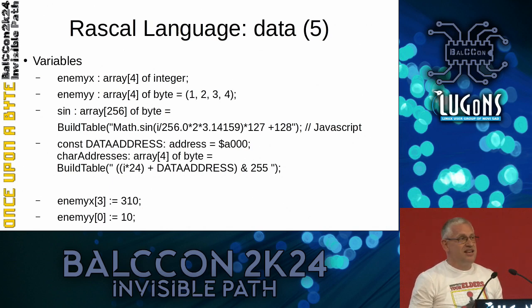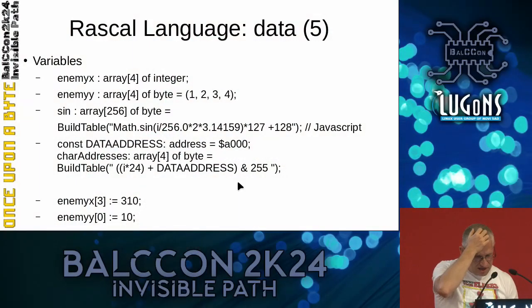But a faster way is if you have an array that has the addresses of all the lines already pre-calculated, and then you just add that address to the X coordinate and get everything without multiplying. And multiplying and division is really a sore point in 8-bit CPUs. So you can generate any kind of tables that you need for your code, and the syntax used for this expression is JavaScript.